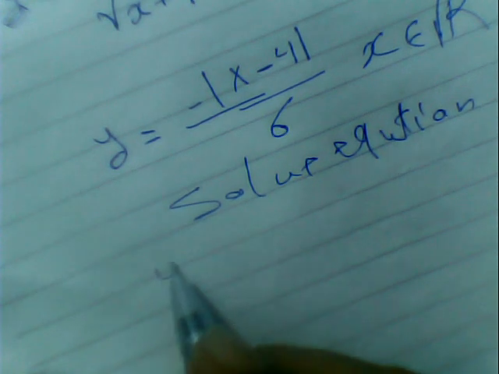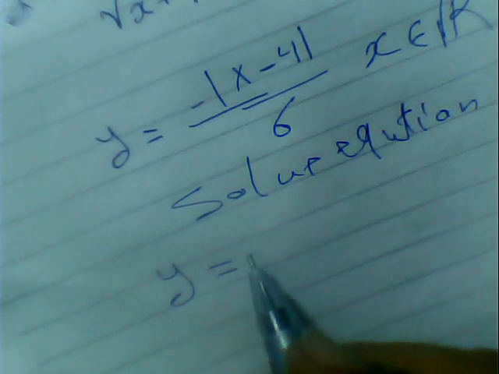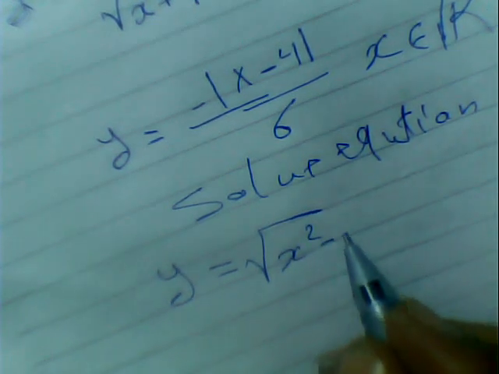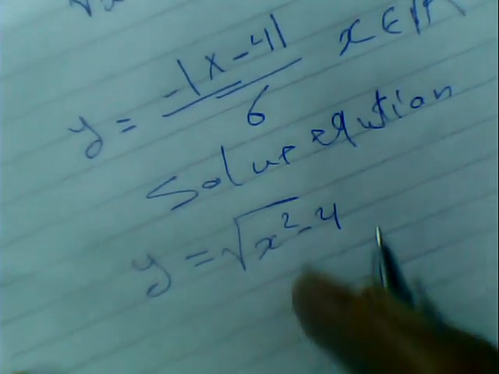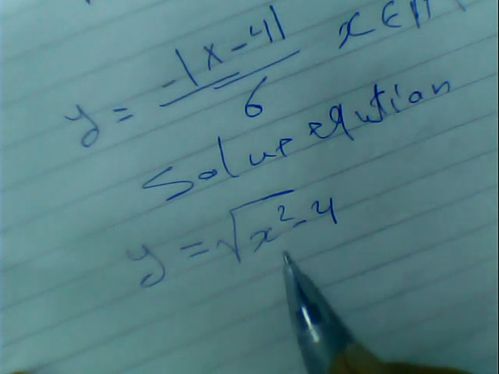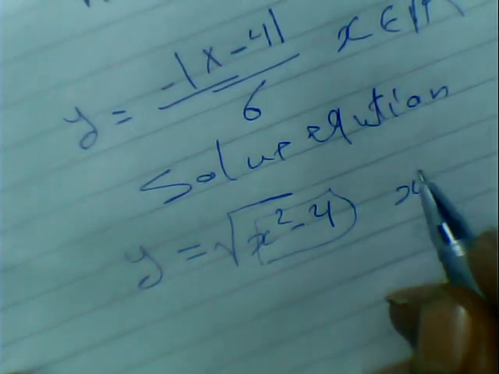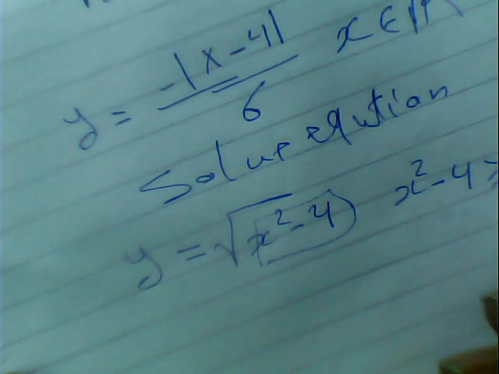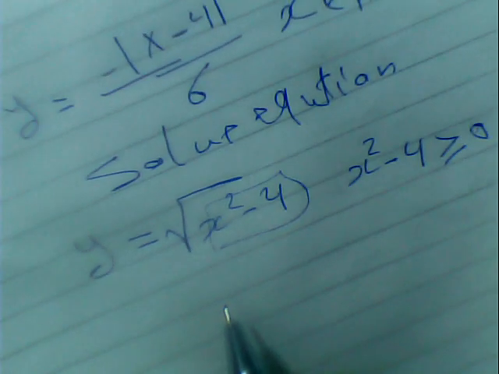We can use y equals the square root of x square minus 4. That means x square minus 4 is bigger than 0, like this.